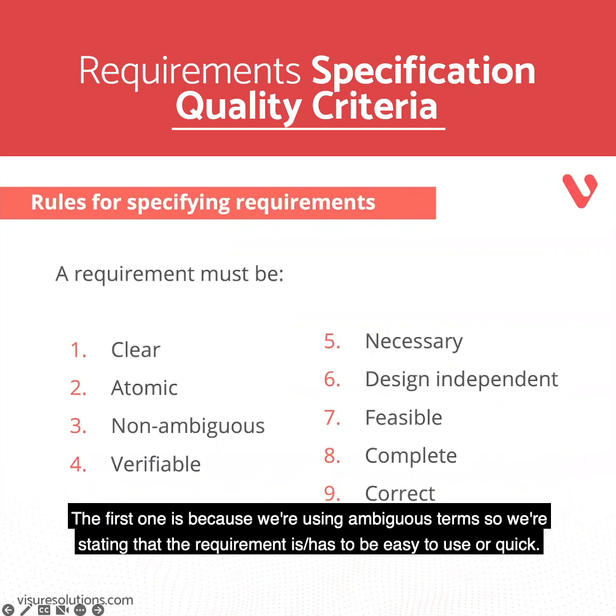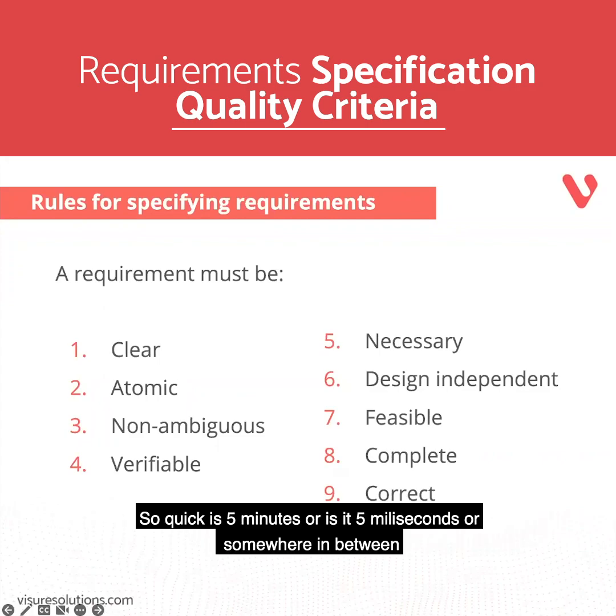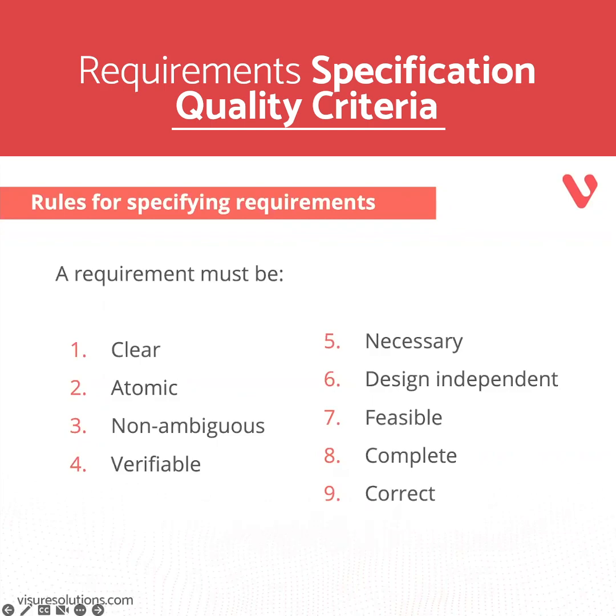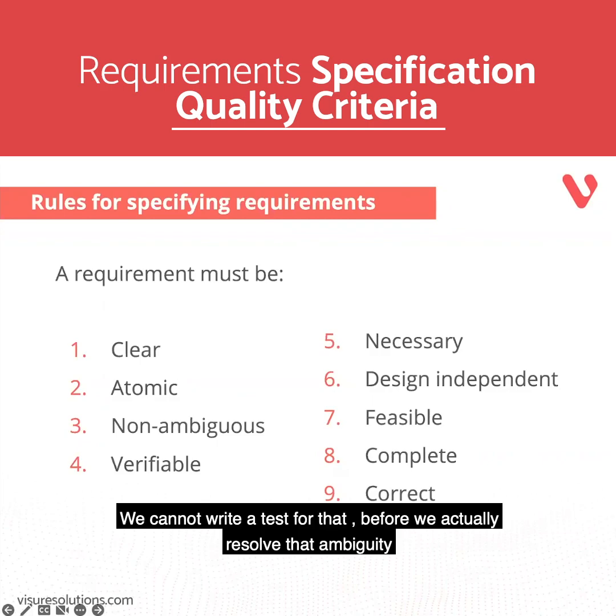The first one is because we're using ambiguous terms. So we're stating that the requirement is it has to be easy to use or quick. So quick is 5 minutes, or is it 5 milliseconds, or somewhere in between? Well, we cannot write a test for that before we actually resolve that ambiguity.